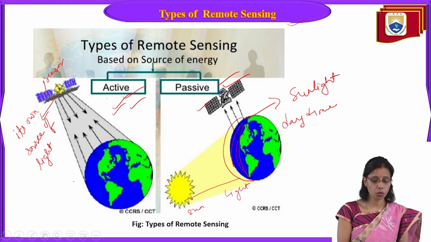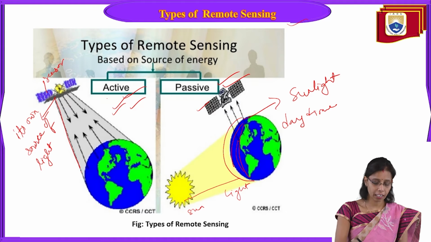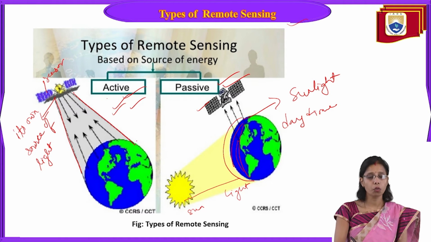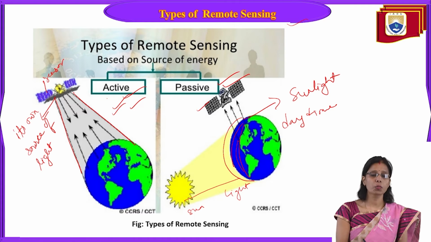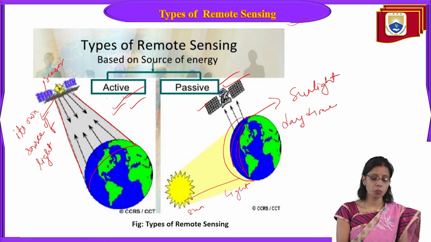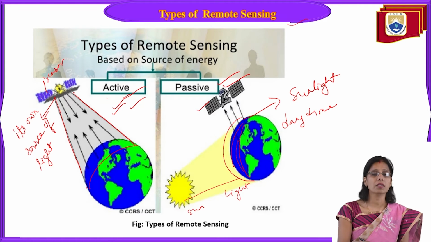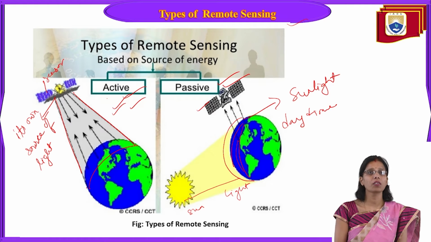That means the satellite will be sending the light to the globe. It will send the light to the earth surface, whichever portion it is going to capture, and the same portion will be reflected back to the sensor. So it has its own source of light. It doesn't depend on the sunlight.